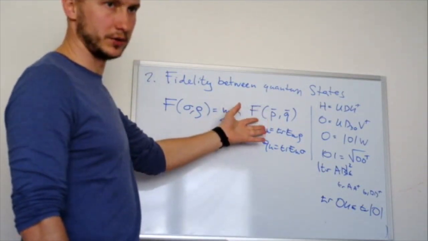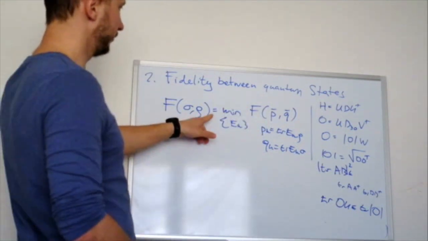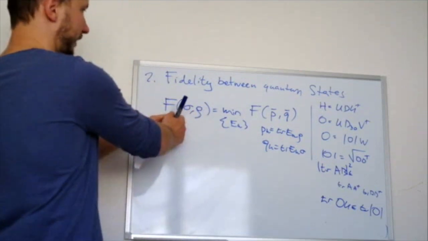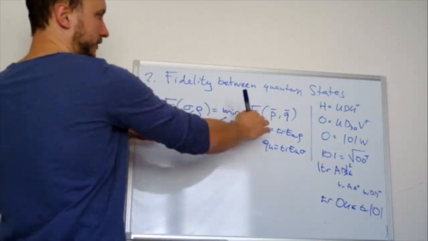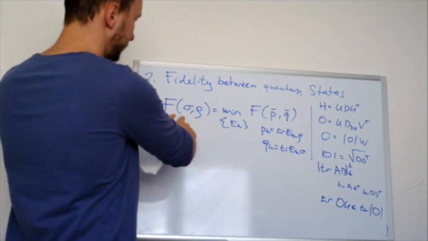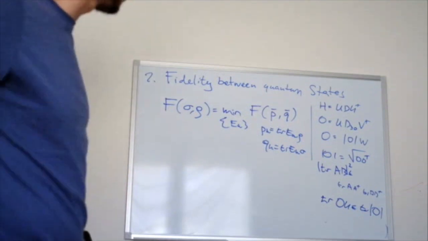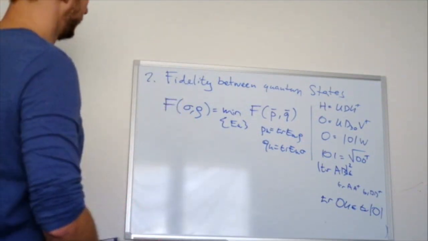So this is something which is operational. We can get this fidelity by measuring. So if we prove that this is indeed the best case, then again, like for the trace distance, we can just forget about this optimal measurement now, or at least keep it in the back of our heads, and just use this thing directly as the measure of the distinguishability between the two states, given by this fidelity.